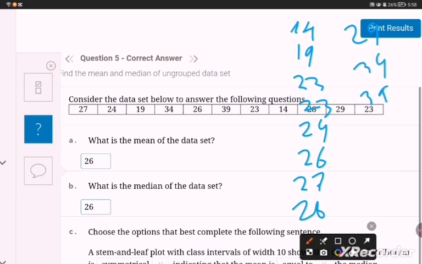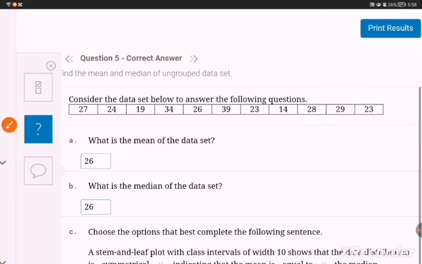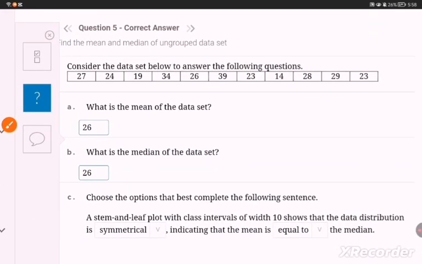Start by crossing out from each side: 39, 14, 34, 19, 29, 23, 28, 23, 27, and 24. So your median is 26. Now, a stem and leaf plot with class intervals of width 10 shows that the data distribution is symmetrical because your mean is equal to your median.